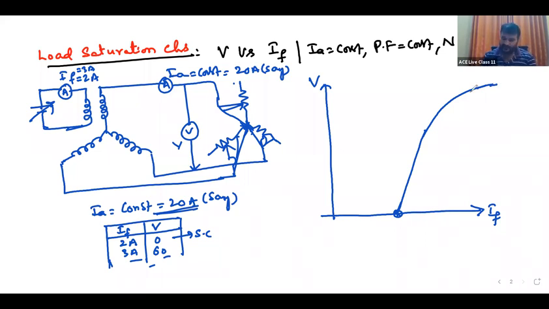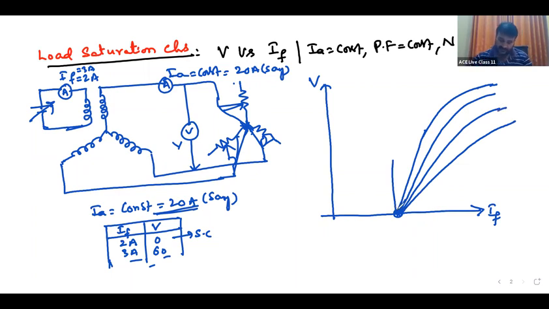If you draw for lagging power factors, replace the load with 0.6 lagging, then the characteristics will be like this. This is 0.6 lagging, and this is 0.8 lagging. This is ZPF lagging, and this will be the leading power factor. They will be on this side: leading power factors, ZPF leading.